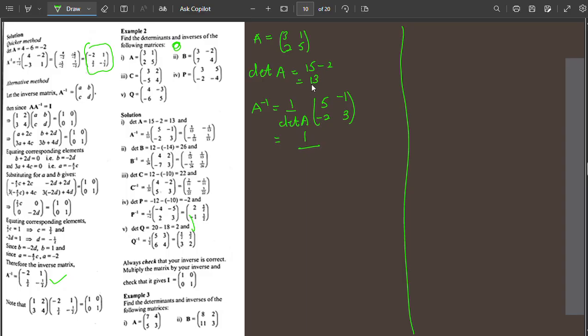So we have 1 over the determinant, which is 13, multiplying 5, minus 1, minus 2, 3. And multiplying, we have 5 over 13, minus 1 over 13, minus 2 over 13, and then 3 over 13.